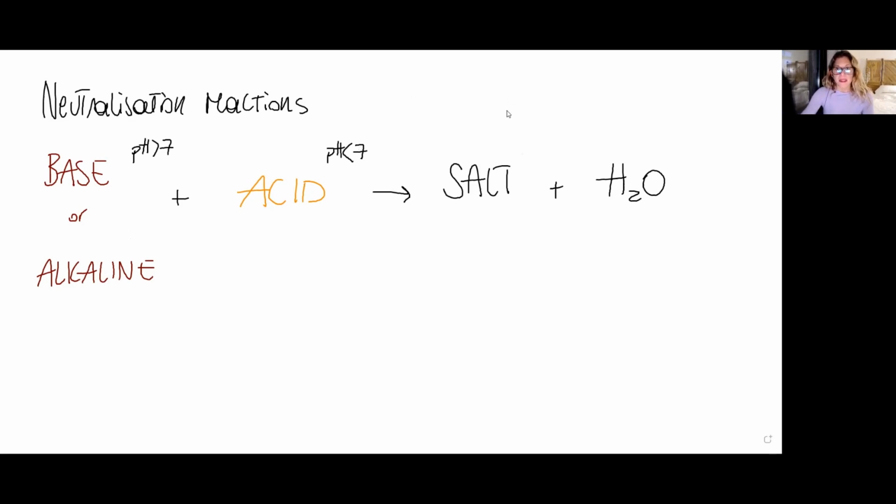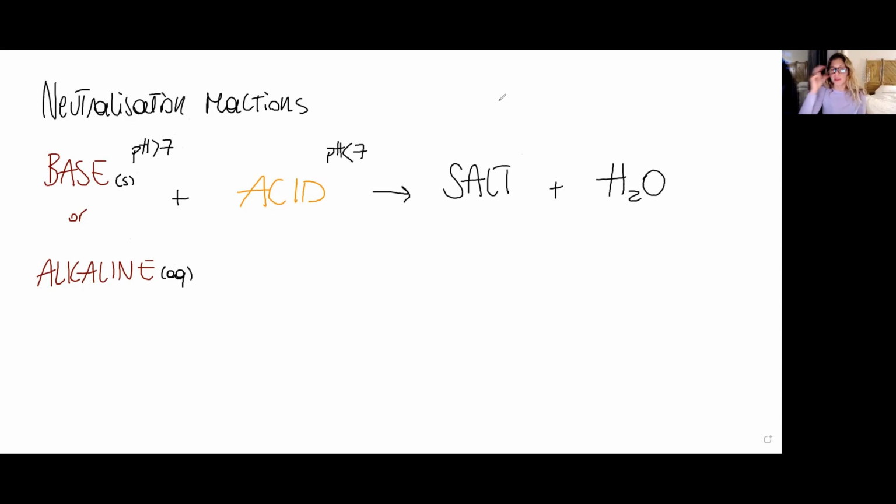A base is a compound that has a pH above 7, but in the solid form because it's not soluble in water. While an alkaline is a compound that reacts with an acid and has a pH above 7, but it's soluble in water. So we would write it in aqueous solution if we are reacting a solution.